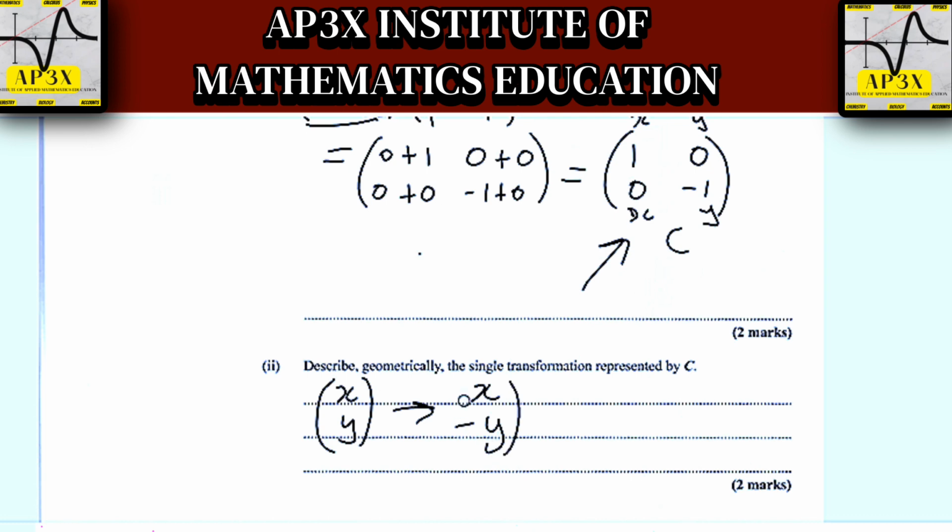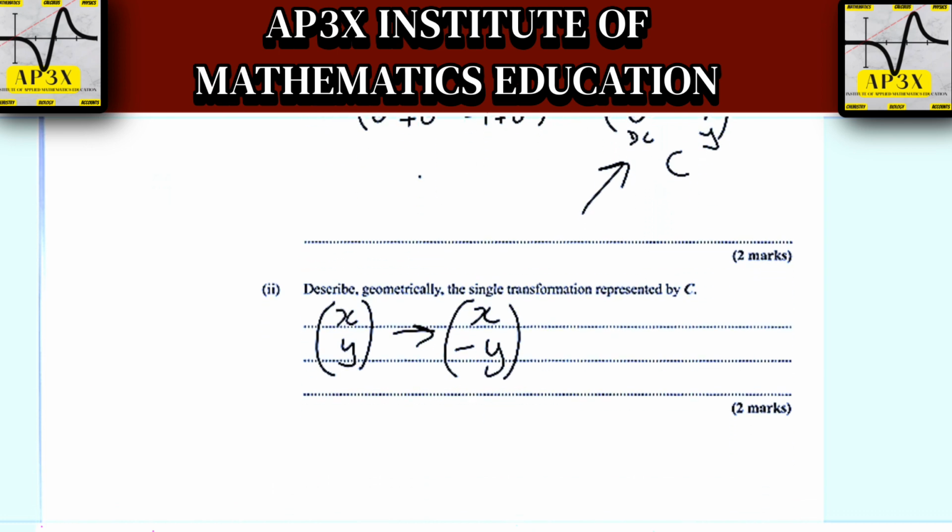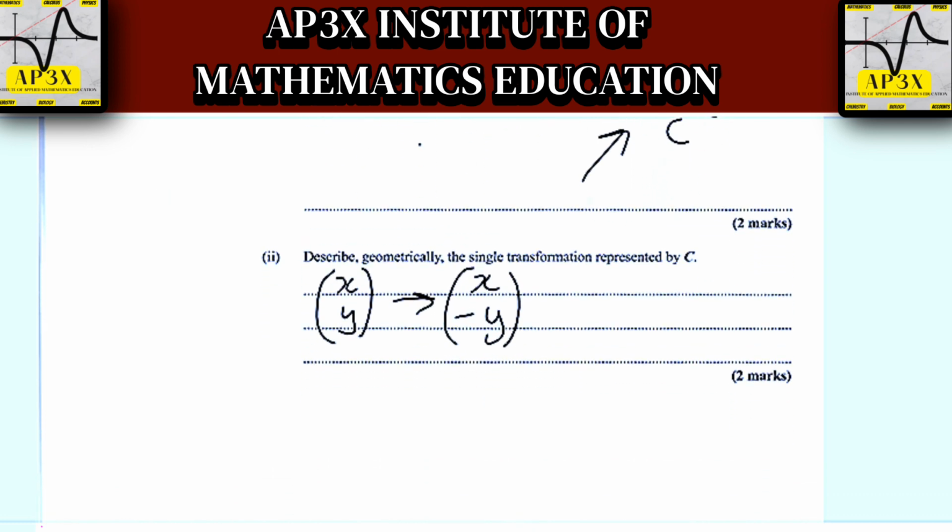So what this implies, if I remember correctly, and what I want you to do is go back to my reflection tutorial. I will pin a link in the description of this video. Check out my reflection video. You will be familiar with this type of setup.